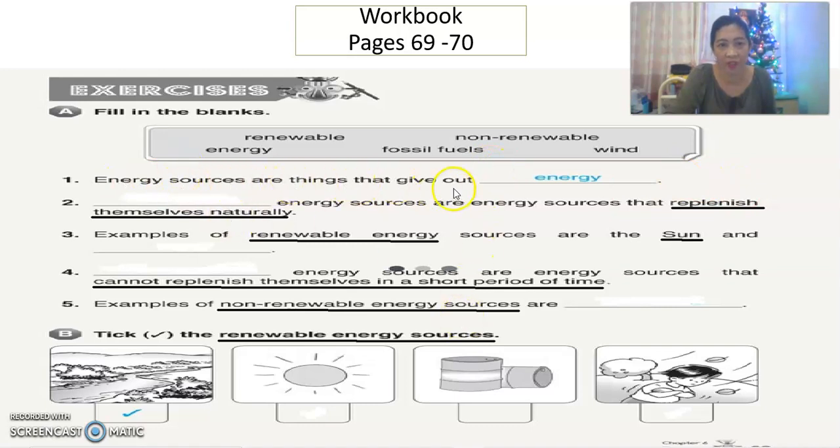Energy sources are things that give out energy. Number 2 is replenish themselves naturally. Number 3 is an example of renewable energy. Number 4 is non-renewable sources that cannot replace themselves in a short period of time. Number 5 is an example of non-renewable energy sources. Letter B is tick the renewable energy sources. We have 3 renewable energy sources.